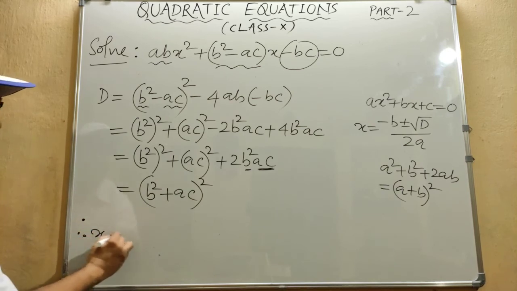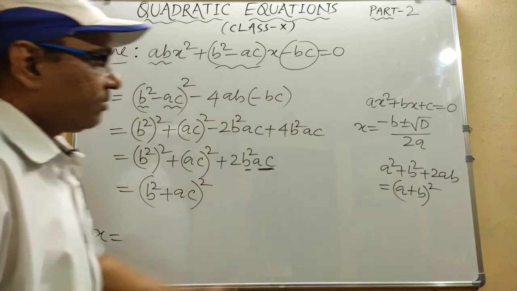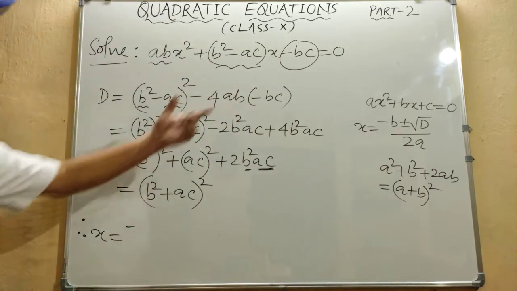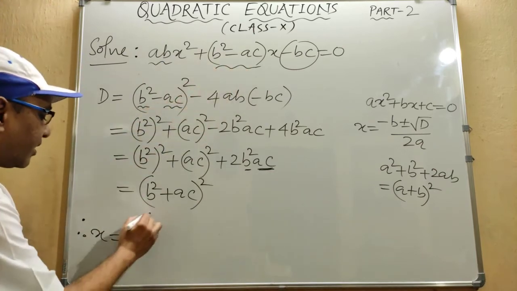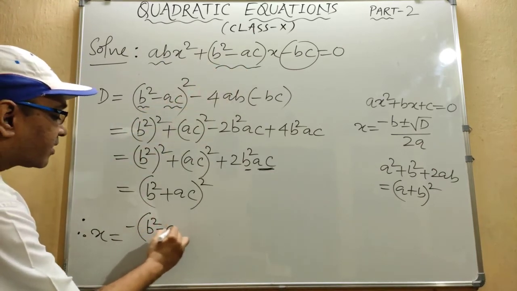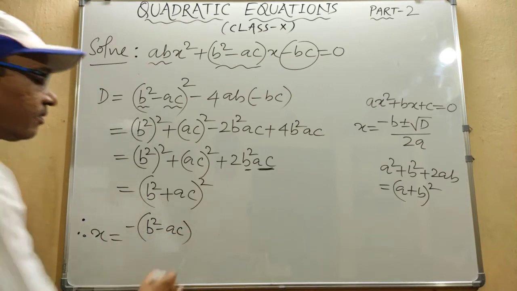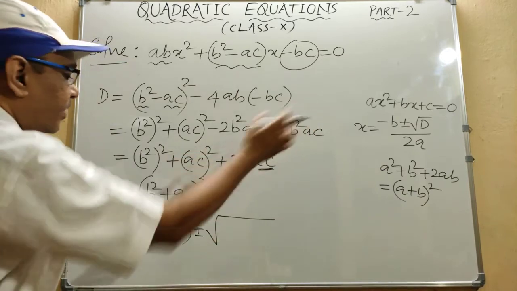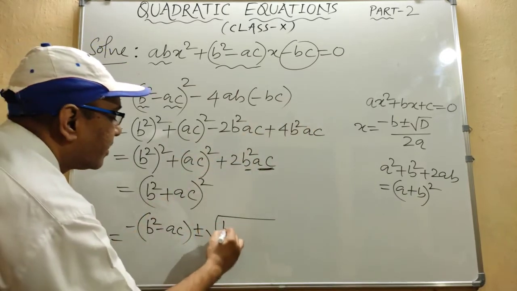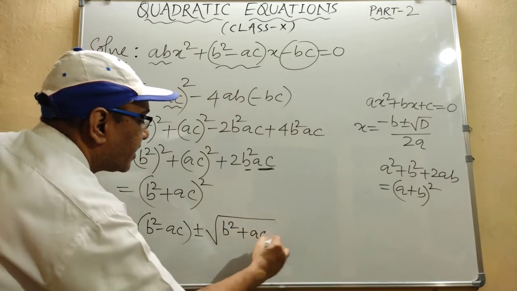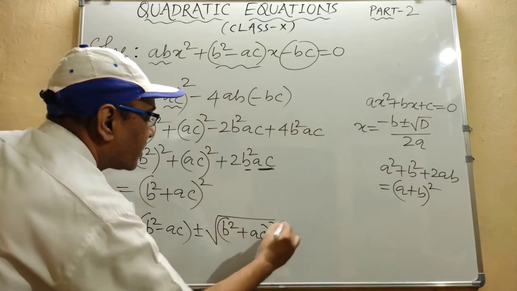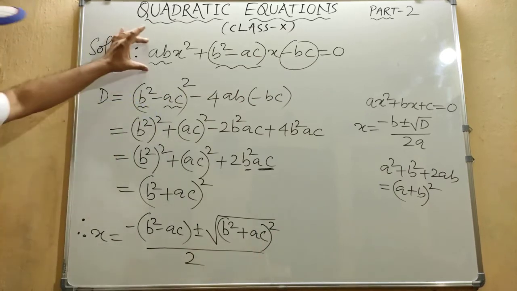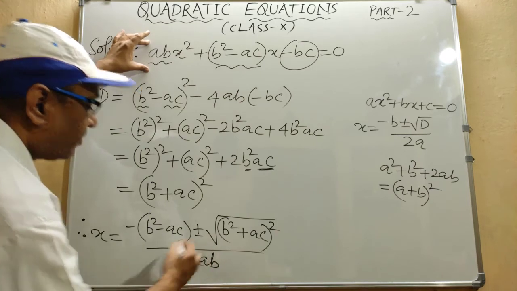Therefore x. Let us use the same formula, minus b, but in place of b it is this, so write minus b square minus ac, this is your minus b, then plus minus root D, but in place of D it is b square plus ac its whole square, by 2a, and in place of 2a it is 2ab.